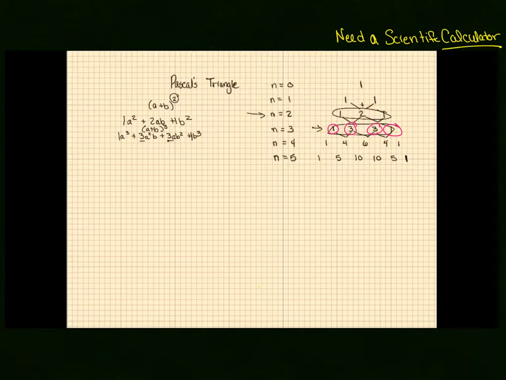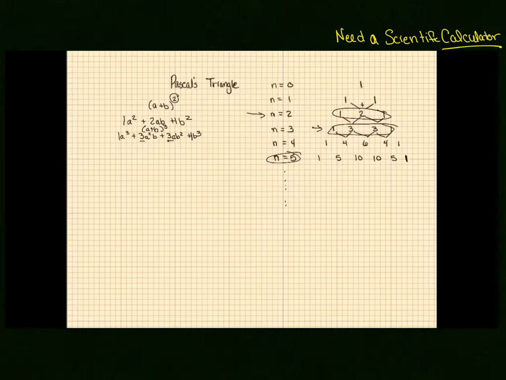Okay, so now we're going to make some kind of connection. Actually, let's not do the dot, dot, dot. Let's just look at 5 for right now, because I want to keep it in terms of numbers.